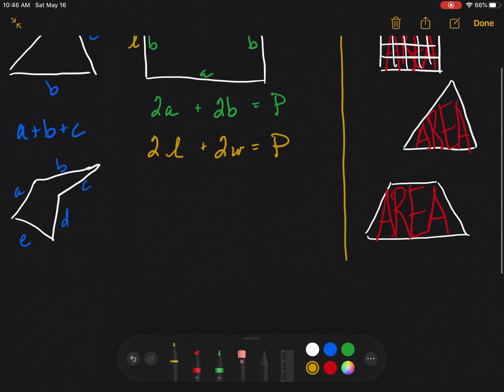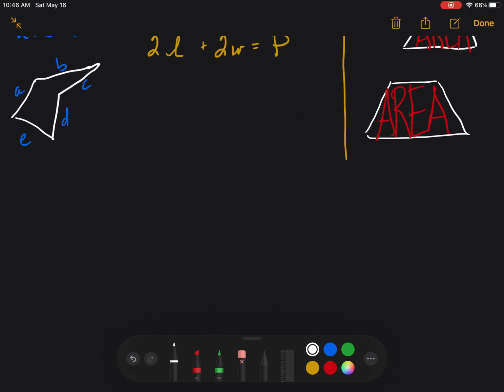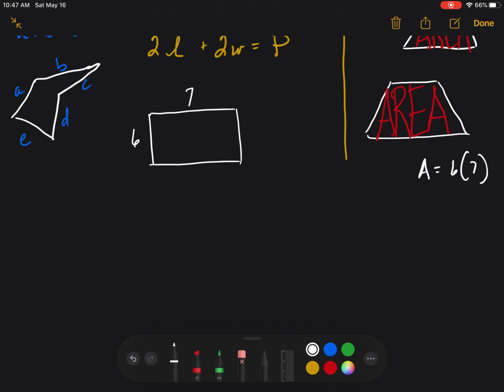Okay, so, a couple of basic examples, which I'm not even sure I need to do for you guys, is that if I actually had a rectangle that was 6 and 7. Now, if I'm finding the area, I'm going to multiply 6 times 7. That would be the area. That's not what we're talking about tonight, so don't go doing that. Okay, you have to put on your perimeter brains.